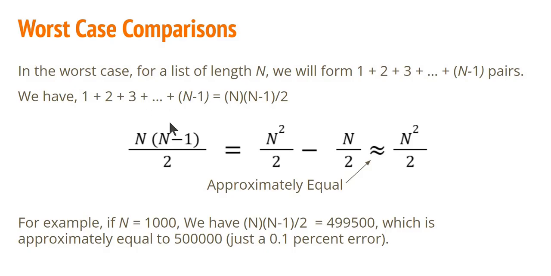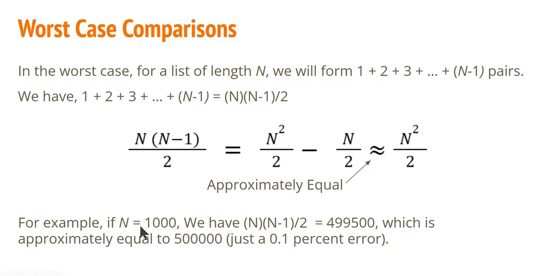So if I look at n times n minus 1 by 2, that's n squared by 2 minus n by 2, which is approximately equal to n squared by 2. The important point here is this is not exactly equal, but it's approximately equal. And as we make n large, you find that n squared by 2 is in fact much, much larger than n by 2. And the error that you're making by ignoring this n by 2 is minuscule.